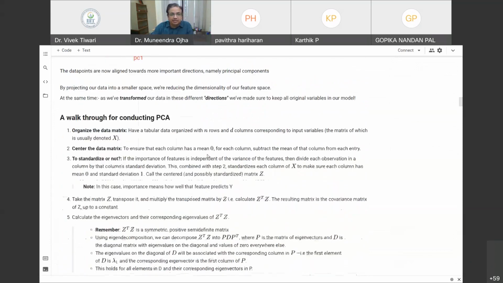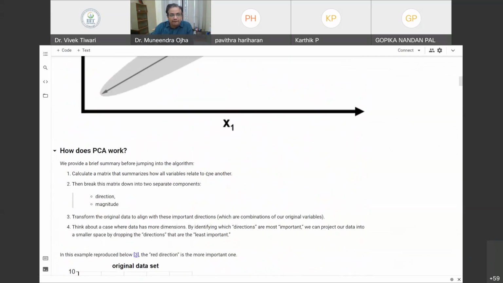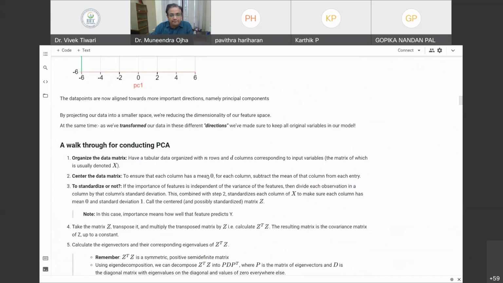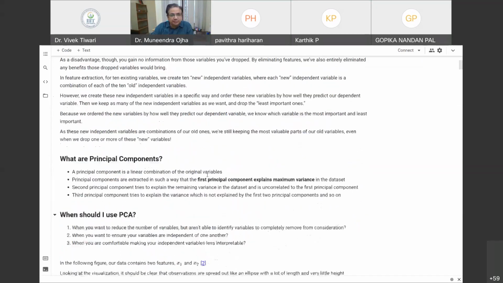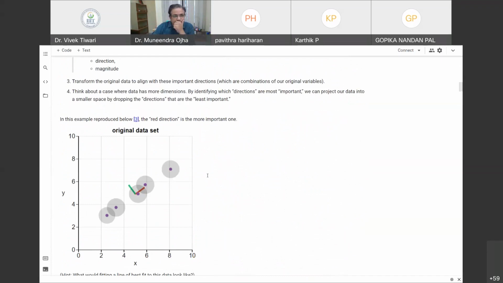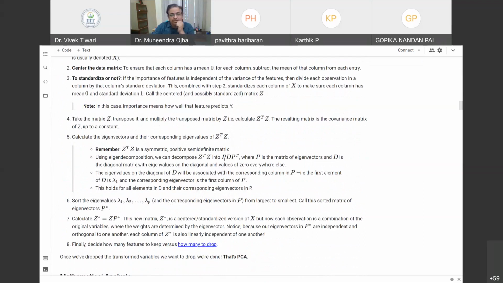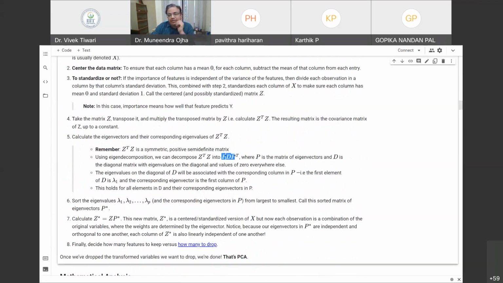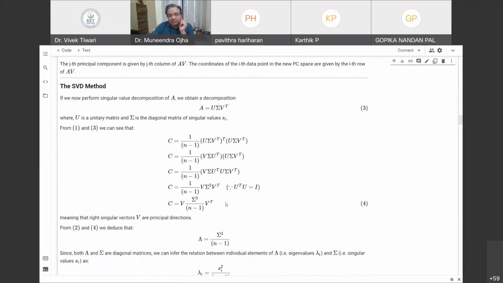I had this definition somewhere: we decomposed into PDP transpose. In this notation, we decomposed into V lambda V transpose, and the same we obtained over here. C is V lambda V transpose, where lambda is represented by the middle term. So lambda equals sigma square upon n minus 1.